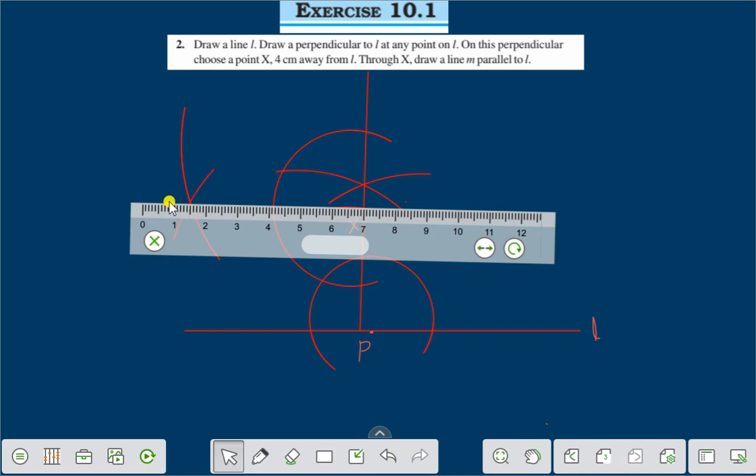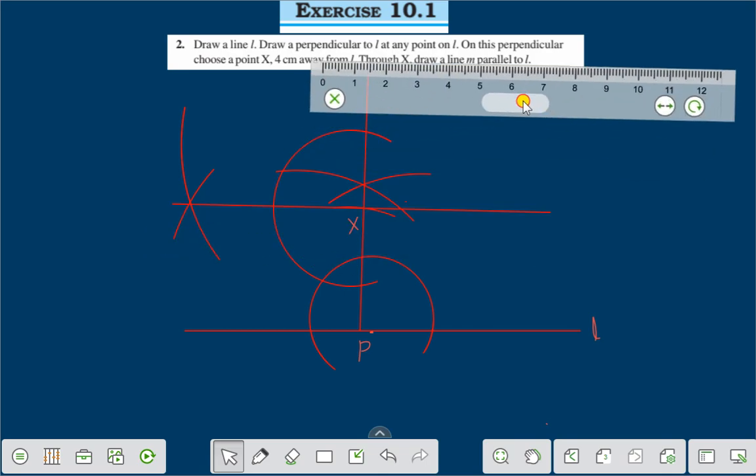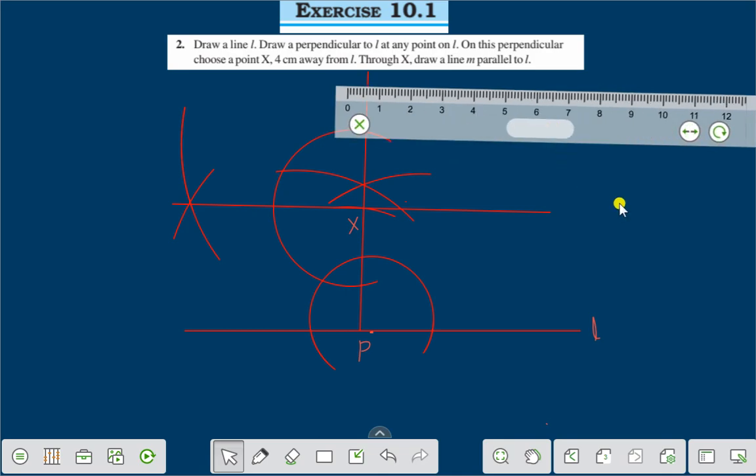Then draw a line here. Right? Now through x we have drawn a line M parallel to L, and this line is M.